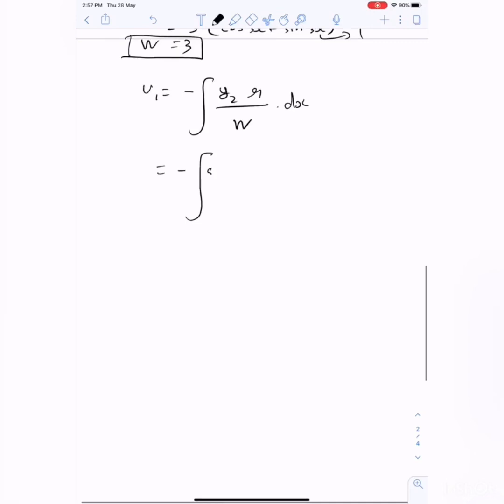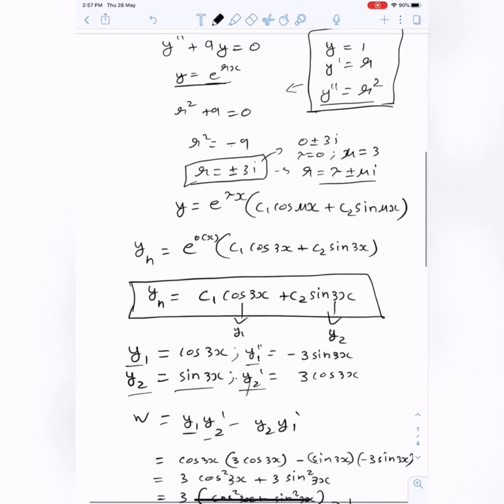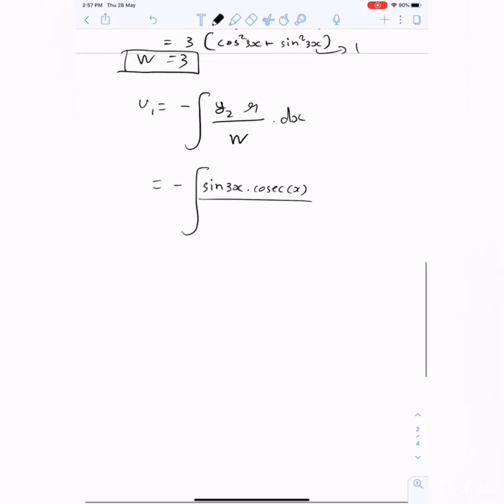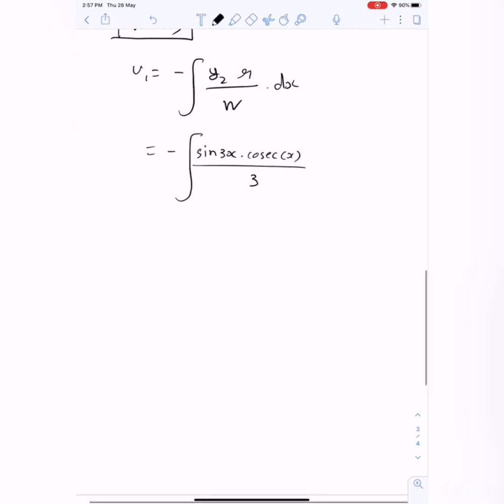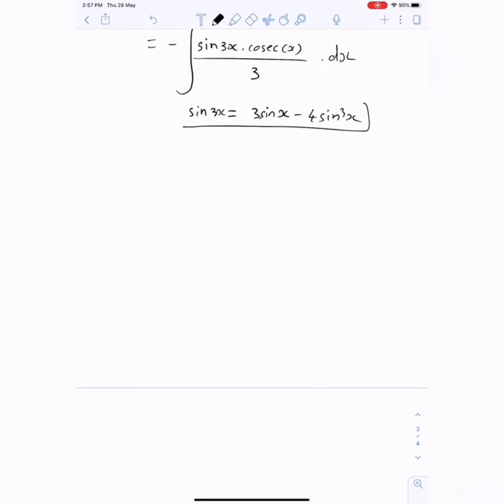So this would mean negative sine of 3x times r. r is nothing but our right hand side, which is cosecant of x, over w. w is nothing but 3, dx. Sine of 3x is nothing but 3 sin x minus 4 sin cube x. Okay, so let's use this identity and substitute over here.